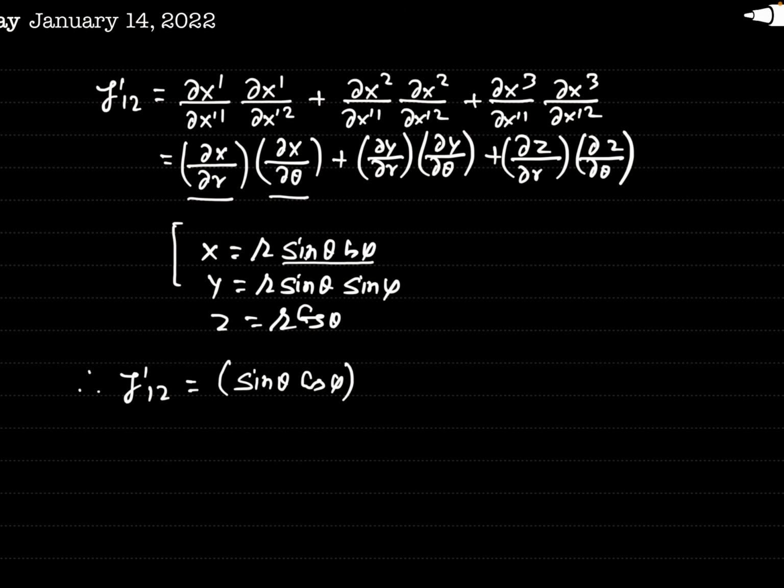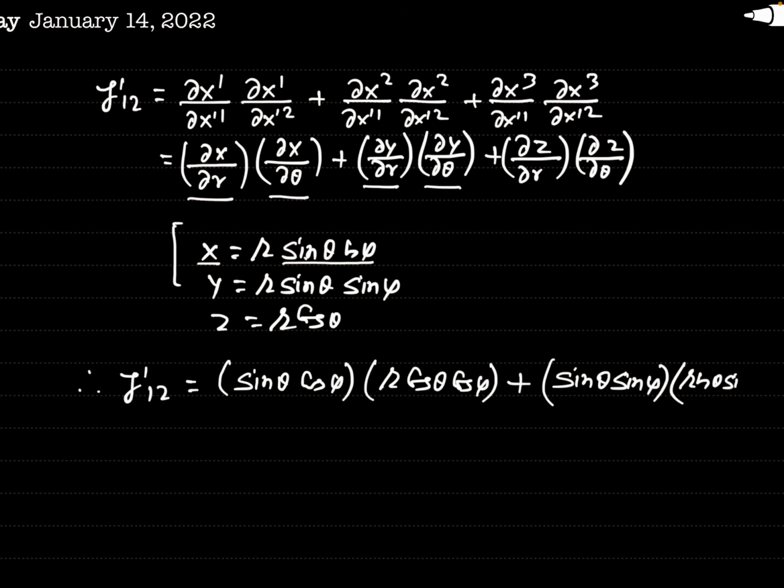See here, del x by del theta, this will be r cos theta cos phi, and plus again see del y by del r, this will be sine theta sine phi, and del y by del theta, this will be r cos theta sine phi, and plus del z by del r.